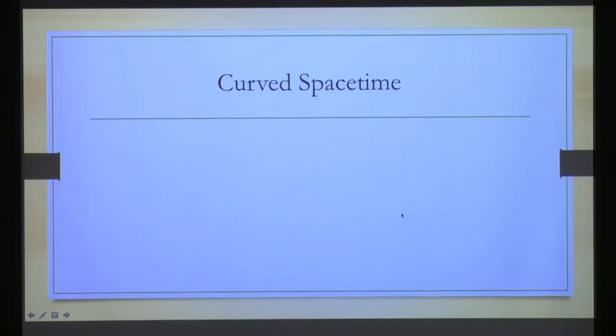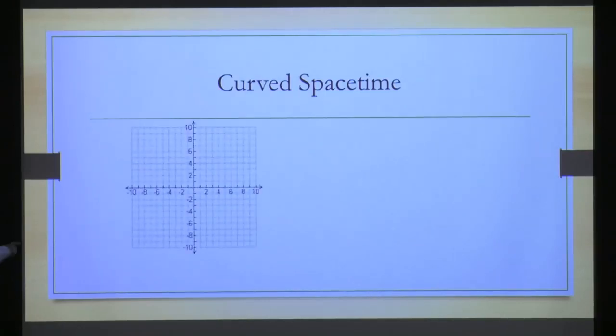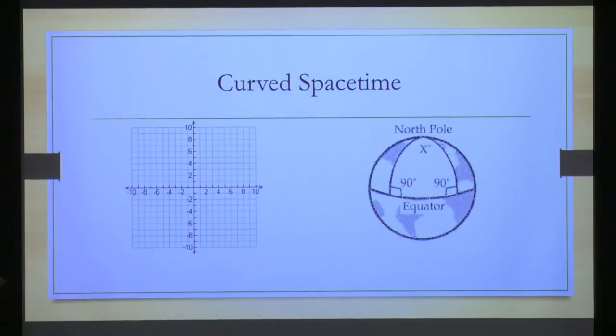So to do this, you remember, we went from 3 space and 1 time to space-time. And now Einstein goes further and he says, no, space-time is not flat. Space-time is curved. This is a flat space-time, and this is a curved space-time. And you can see that on a curved space-time, the angles of triangles are more than 180.